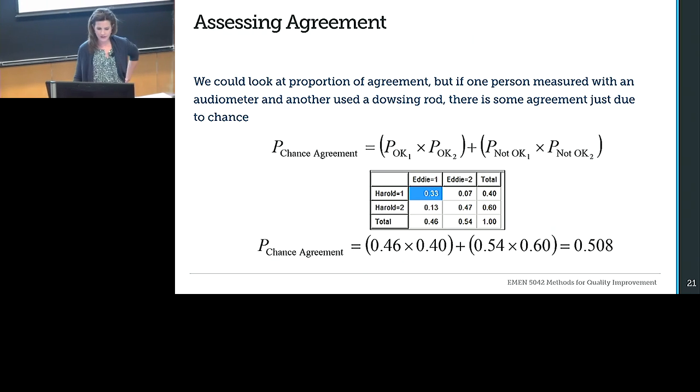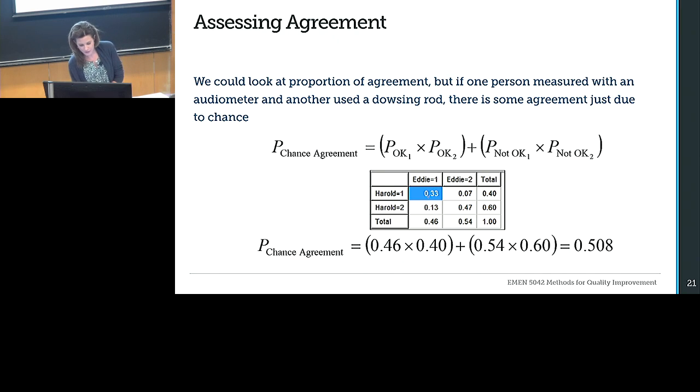And when we're looking at this, if you have 2 events that are considered independent, then the joint probability of those 2 events is the product of those 2 events. So if we're looking at chance agreement, we're looking at a nominal category of okay, not okay, right?